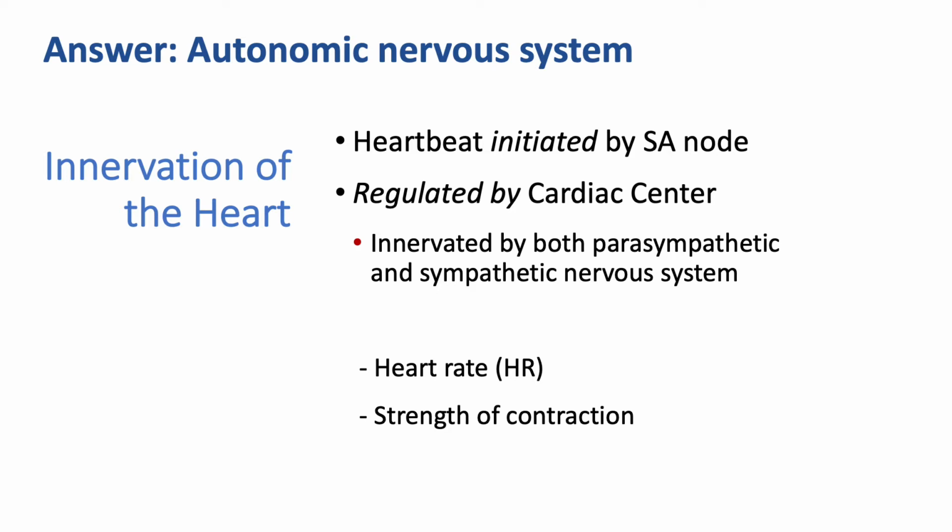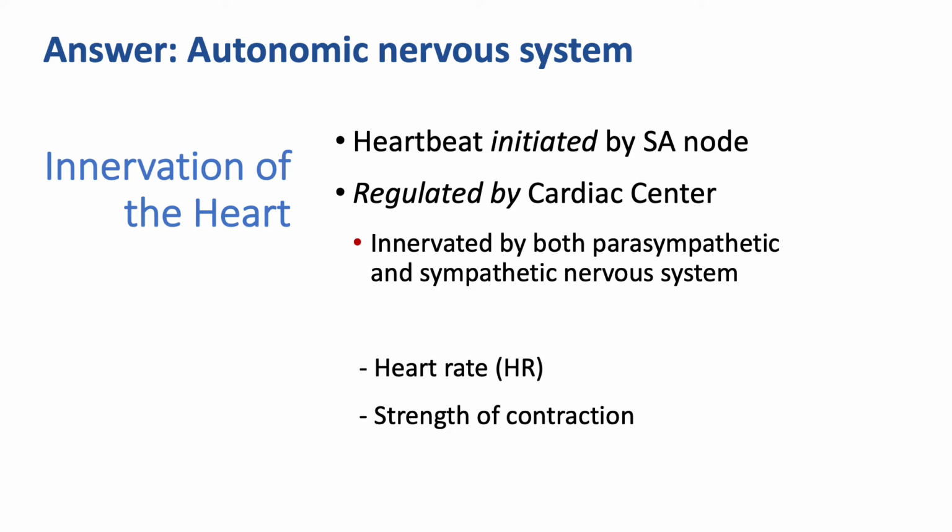So it's important to remember that the heart rate is initiated by the sinoatrial node, the SA node, right? That's the typical pacemaker of the heart, and it's that clustering of autorhythmic cells. They spontaneously depolarize without other nervous input. But we can change the heart rate and contraction strength with autonomic input.